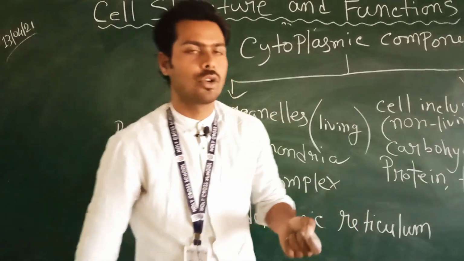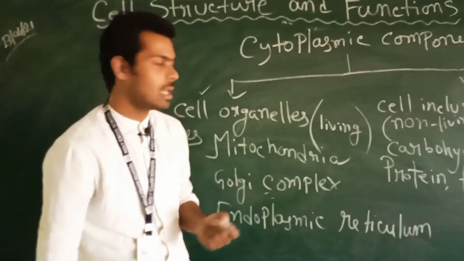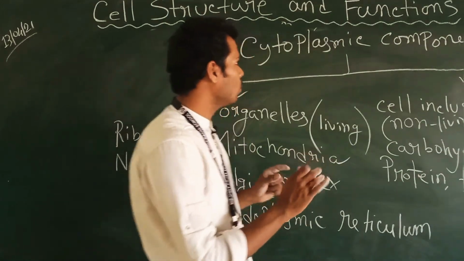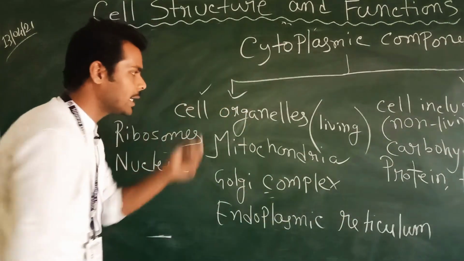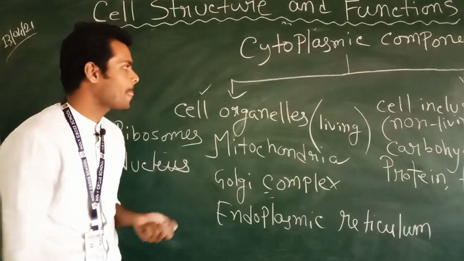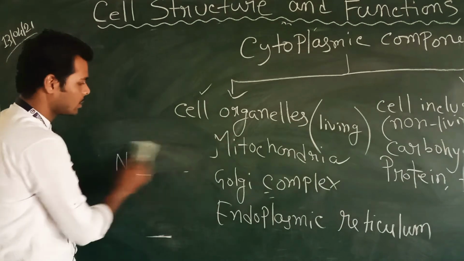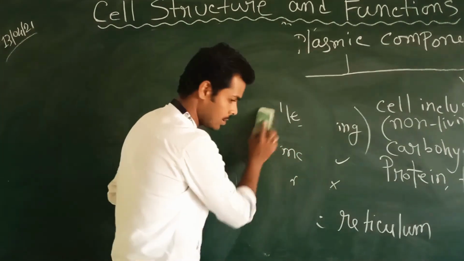Whatever non-living components are present in the cell are called cell inclusions. So this is all about cytoplasm which you need to know till now. Please write this down and take a screenshot, so it will be easier for you to understand. Then the third one we have to discuss is the nucleus.